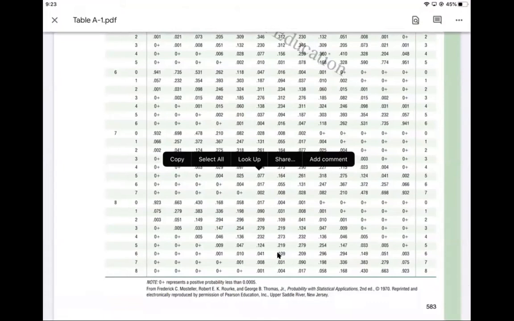So according to that, n is 8, then p is 0.5. These are the 3 values. So 0.109 plus 0.031 plus 0.004. You have to add these 3 values, because the first time n is 8, x is 6, p is 0.5. Next time n is 8, x is 7, p is 0.5. Last time n is 8, x is 8, p is 0.5. So the corresponding probability value is this. So you have to add these 3 probability values.